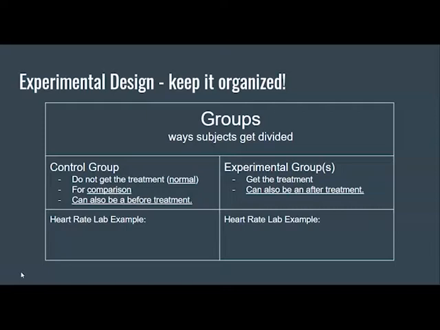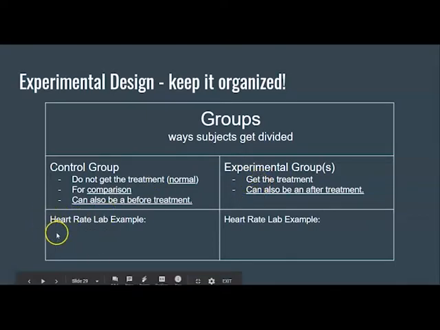This can also be a before treatment. The experimental groups are the groups getting the treatment. This can also be an after treatment. Okay, so you're maybe looking at your data, and this group is going to be the group where you're actually getting the data from, which would be your after treatment.